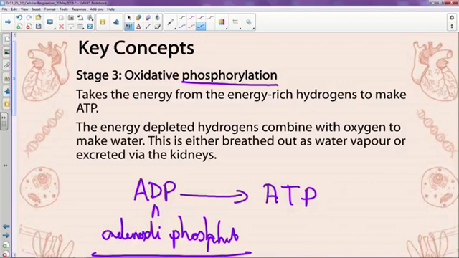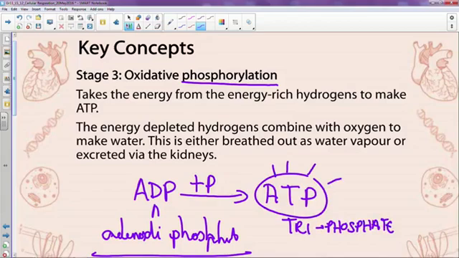When we add phosphate during phosphorylation, it becomes adenosine triphosphate. So here's a molecule that has three phosphate molecules, highly energized, and this is what gives the necessary energy for the metabolic reactions to occur.